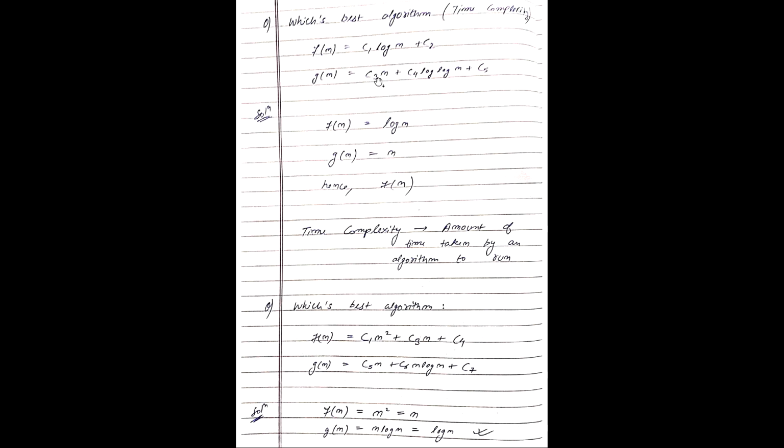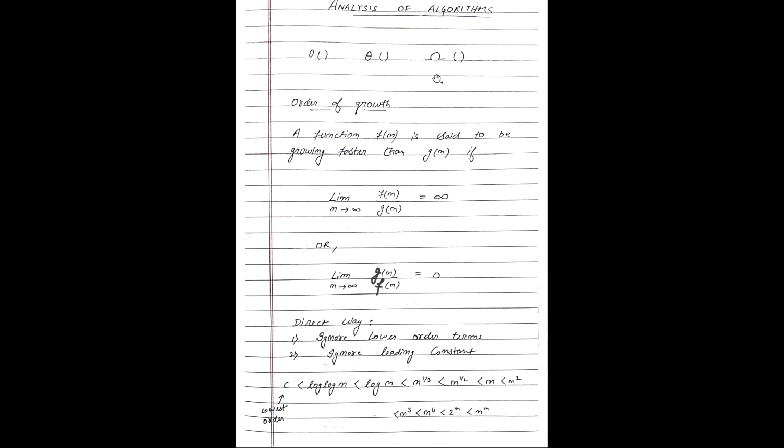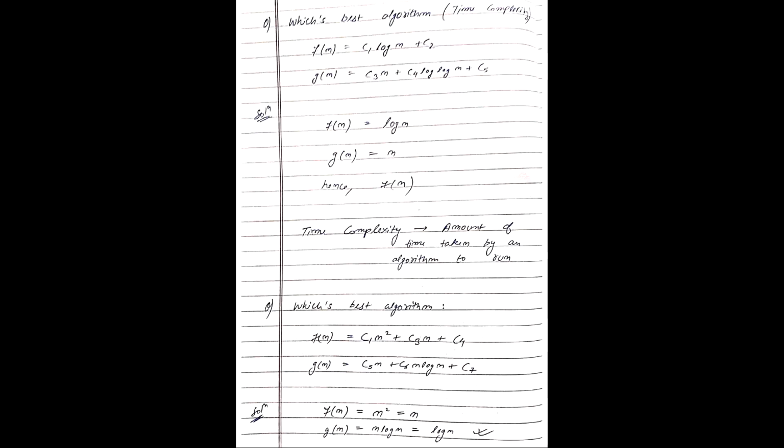Similarly, for function g(n), there is a constant C, that is a lower order term. We would drop it. Another lower order term is log of log n. As you can see, log of log n is lesser as compared to n, hence it is a lower order term. We will drop this.